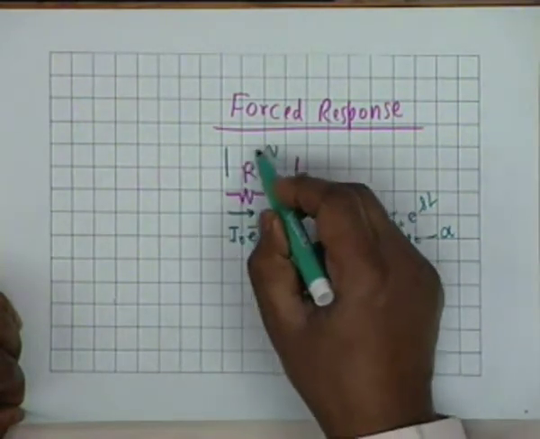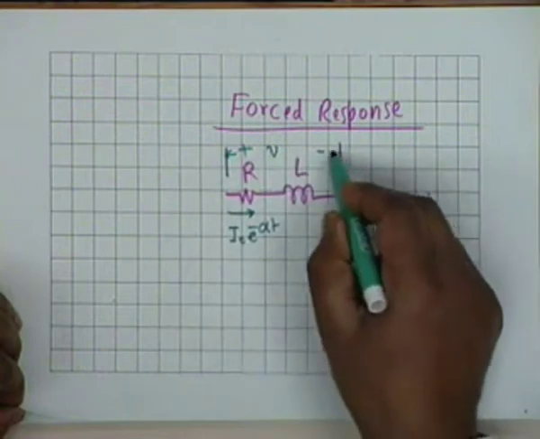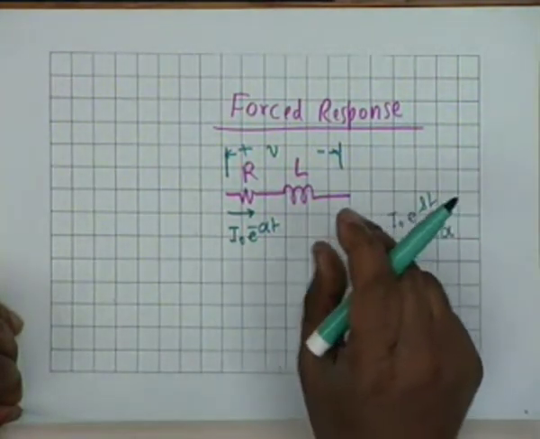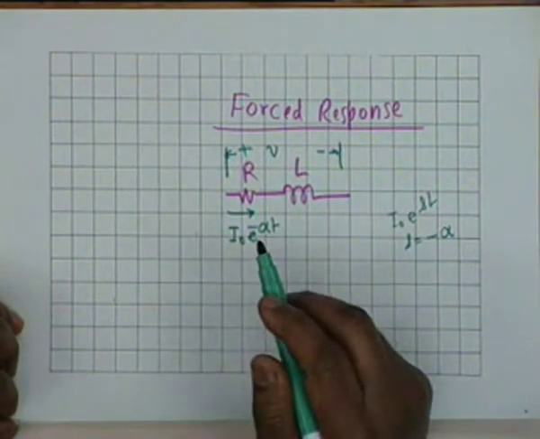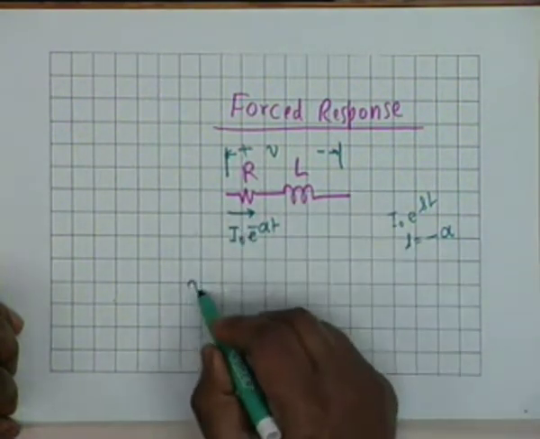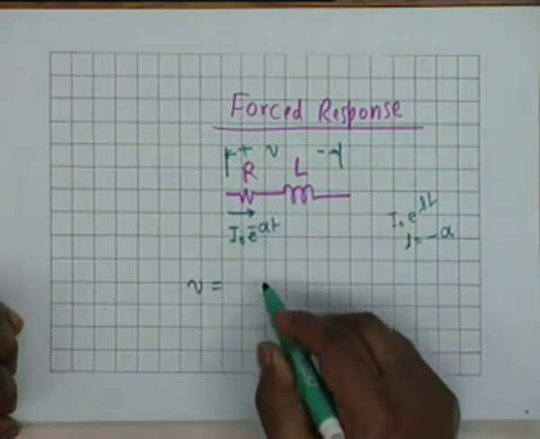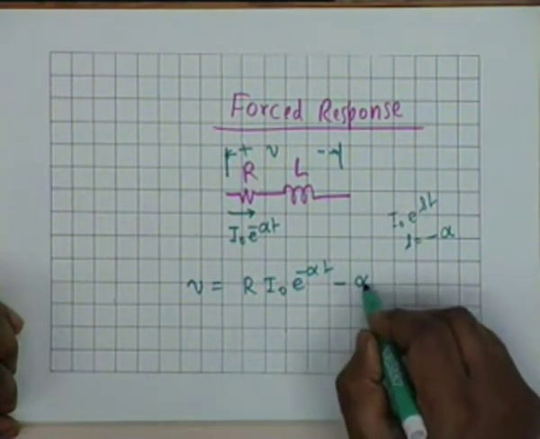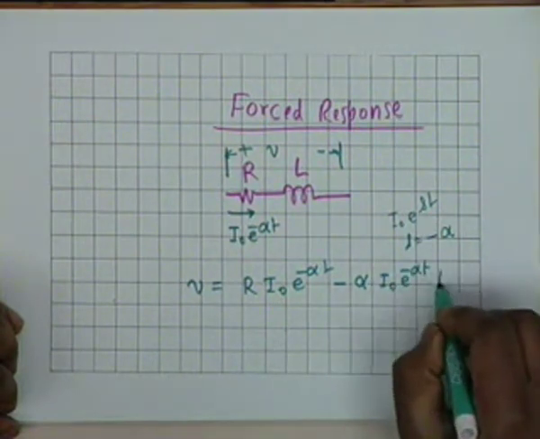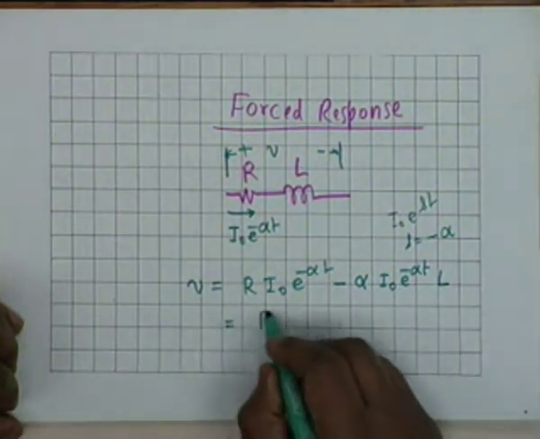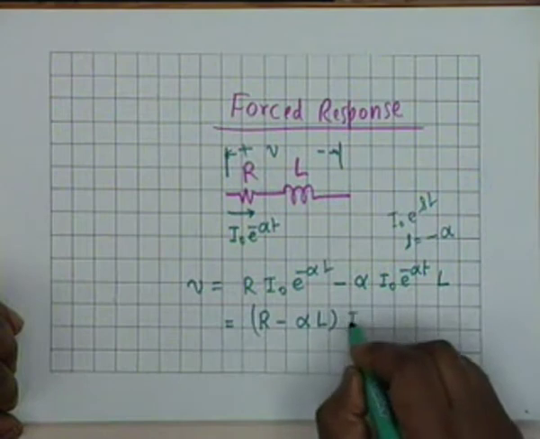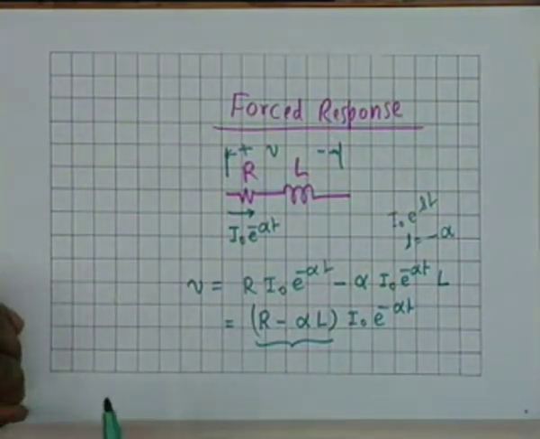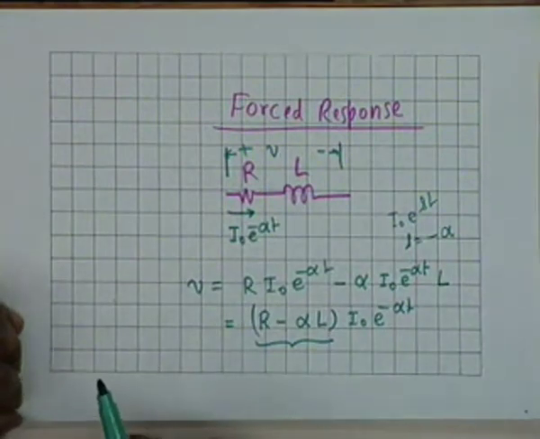And therefore the voltage response, or the voltage drop across the RL combination, the forced voltage drop occurring due to the current I0 e to the minus alpha t passing through this series combination, will be given by R times the current, so R I0 e to the minus alpha t, plus L di/dt, which is minus alpha I0 e to the minus alpha t times L. Therefore this is (R minus alpha L) I0 e to the minus alpha t, and you can see that R minus alpha L is simply the impedance of this combination for s equal to minus alpha.